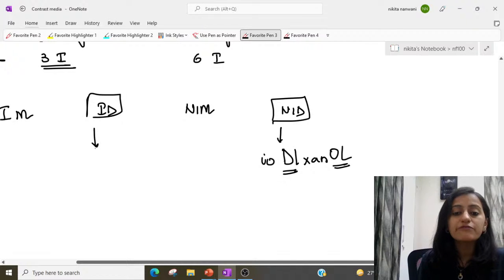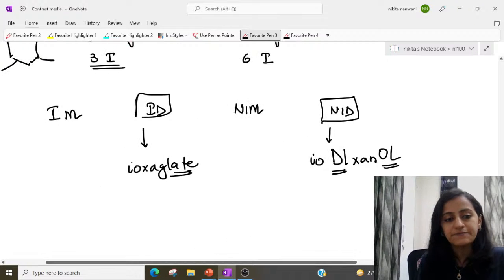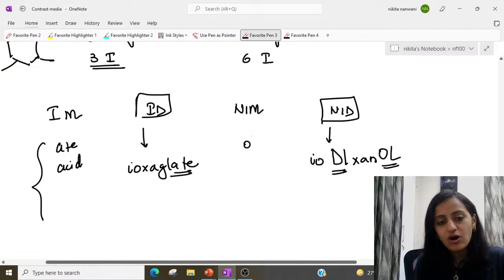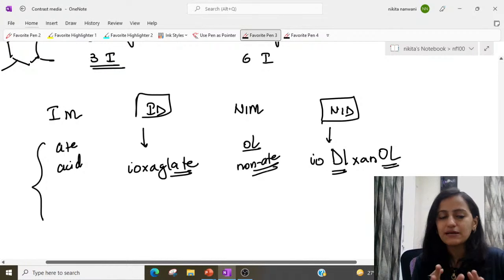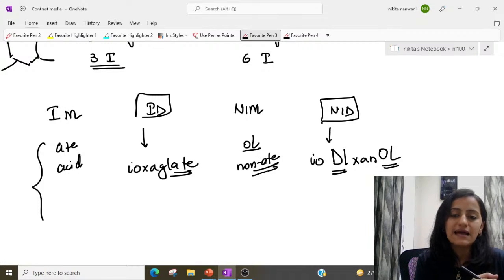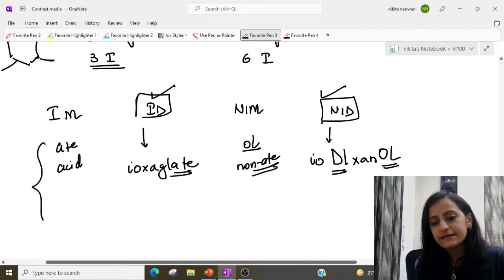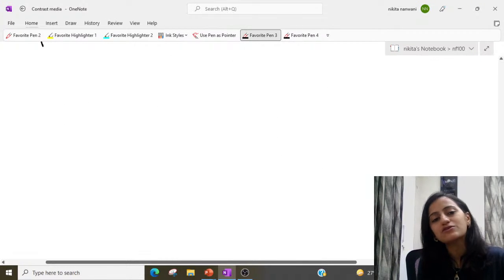The example of ionic dimer is only one, that is ioxaglate. Rest all of them ending in ATE or acid would be ionic monomers. Rest all of them ending in OL, or non-ATE, would be the non-ionic monomer. If you remember this much, it's easy to remember the examples. So remember that dimer has only one example, be it ionic or non-ionic.